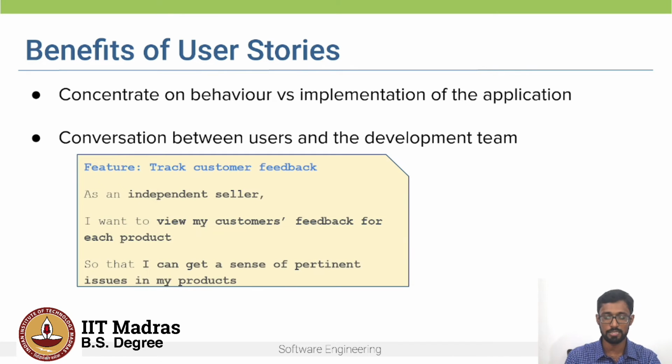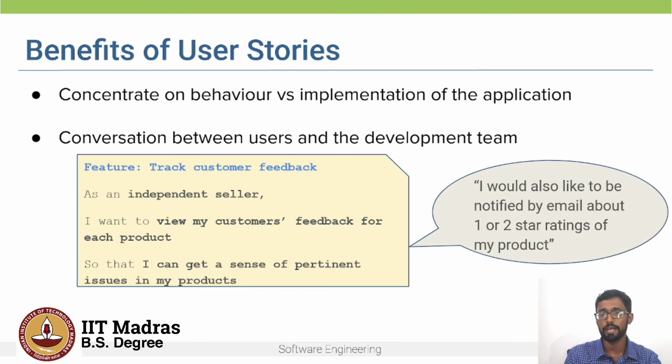For example, take the feature of tracking customer feedback. When we show this to a client, the client will realize that maybe I would also like to be notified by email about the products which have low ratings of 1 or 2 stars. Such modifications are common in the Agile perspective, and user stories can facilitate such modifications.